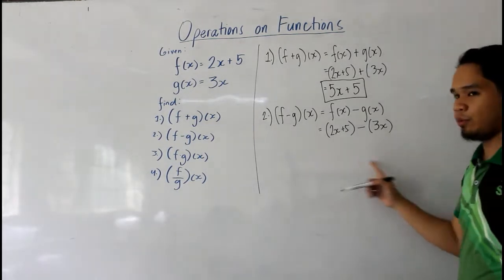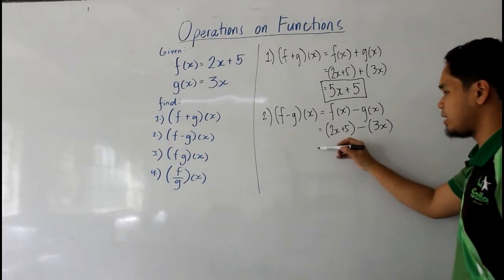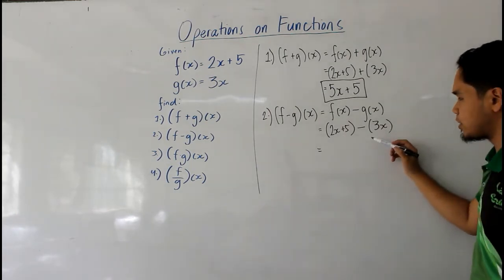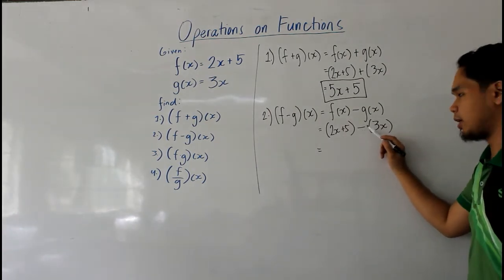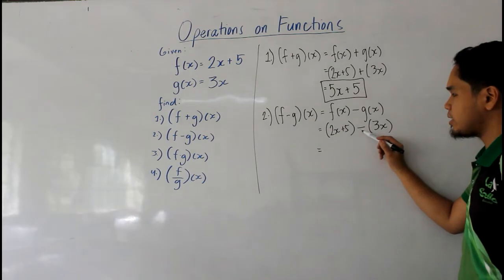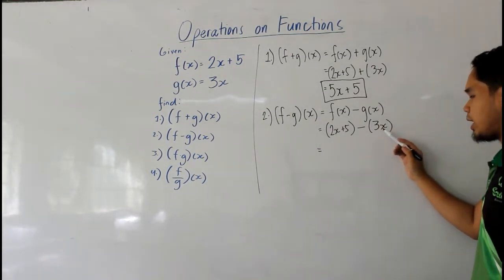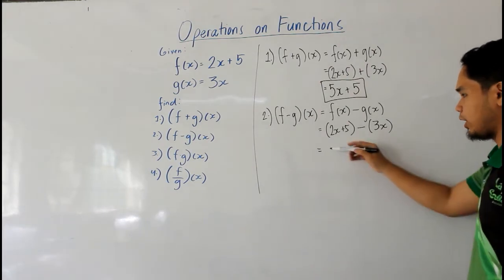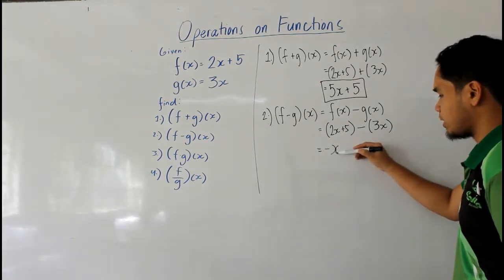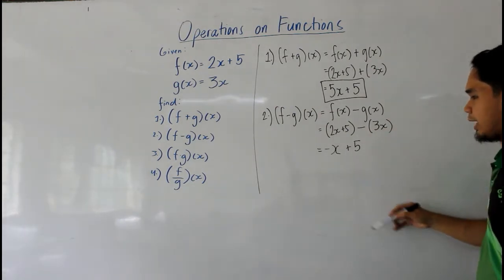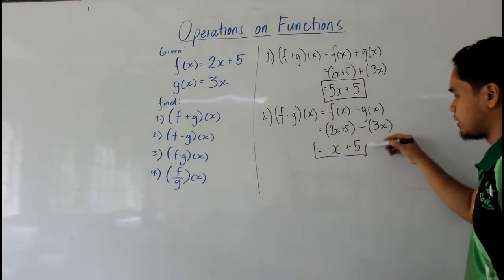Again, we should simplify if we can. We can see here the 2x and 3x are again like terms, but take note, there's a minus sign here. So the operation will not be plus, but minus. So 2x minus 3x is going to give us negative 1x, simply negative x. Copy the constant 5, and this will be our answer for number 2.